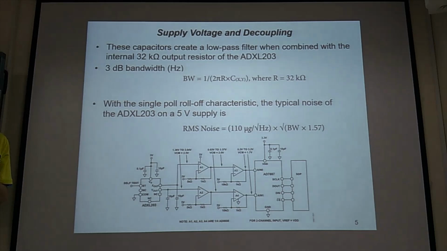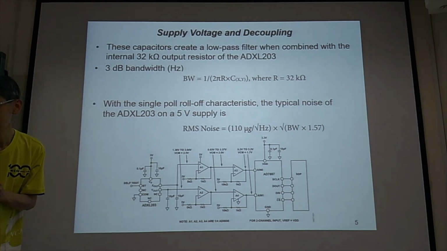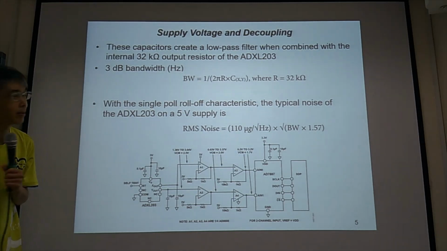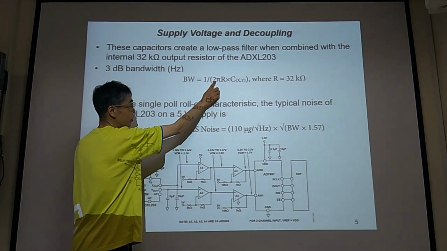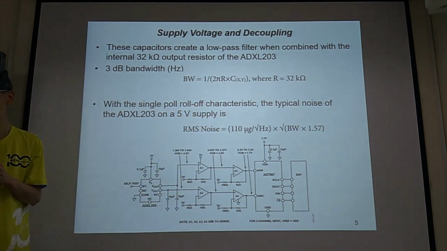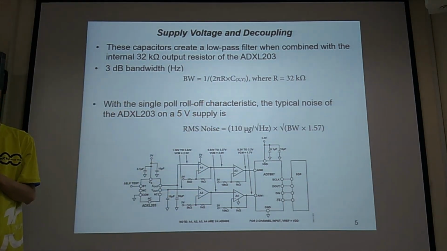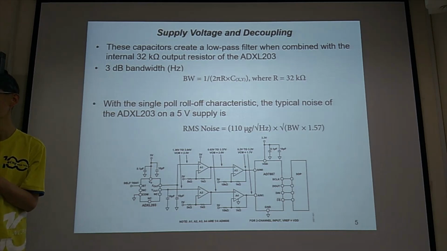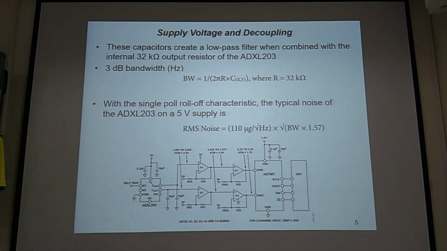Okay. Then, so why do we use 2 pi here? See the frequency. Why?